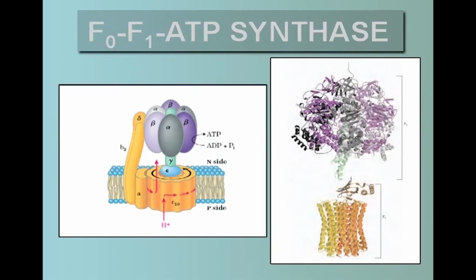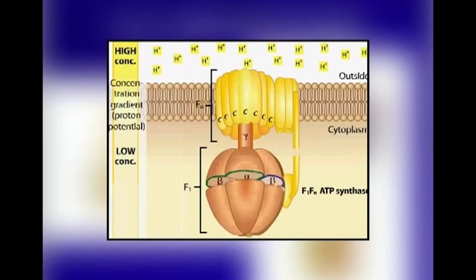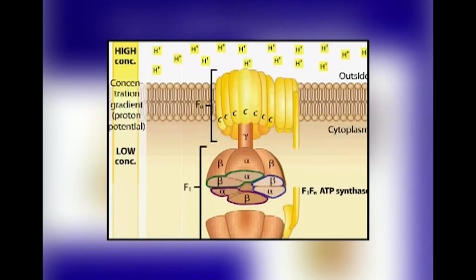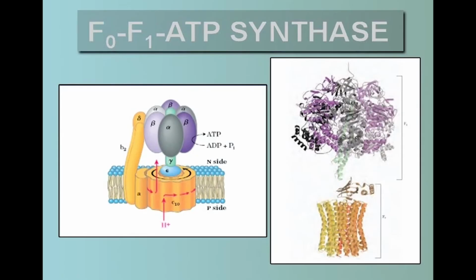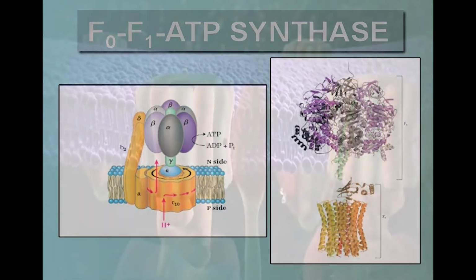This is the structure of the F0 F1 ATP synthase. It looks like a stalk with a tulip. The stalk is highly flexible and it is called the gamma subunit of the protein. You know, all enzymes are proteins which have different subunits, and then you have 3 alpha and 3 beta subunits which are like petals of a tulip. These are more rigid. Then you have the chamber in between shown in blue through which the protons pass.